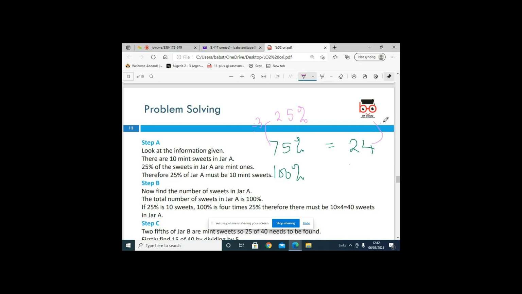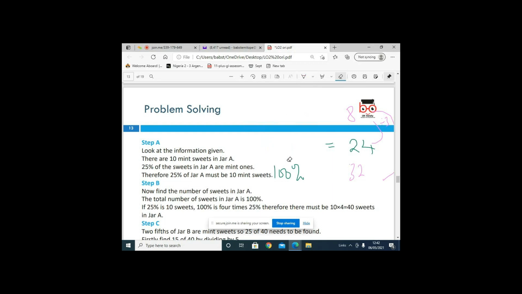You also divide this 24 by 3. That's going to give you 8. So from 25%, it's easy to find 100%. Just multiply by 4, and this one by 4. So it's going to be 32. You get it? You turn it back to the ones you can easily multiply to get 100 before you can actually do it.